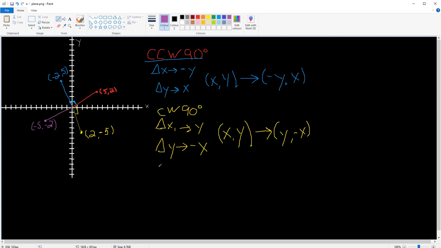So for our 180-degree rotation, it doesn't matter if it's 270 or 180 one way or the other way, it still doesn't matter. Notice that our change in x became our negative y, and our change in y became negative. Oh, I'm sorry, that was wrong. Our change in x became negative x, and our change in y became negative y.